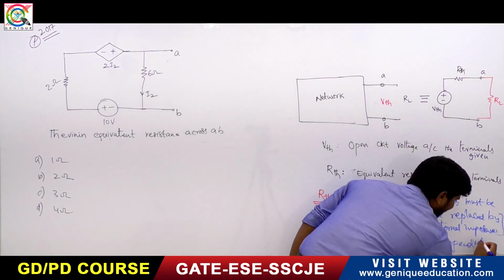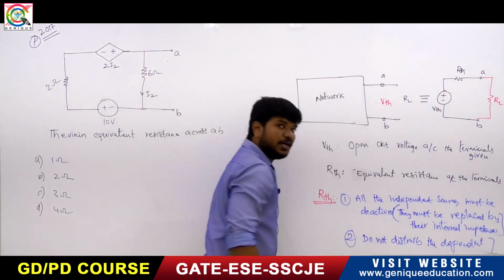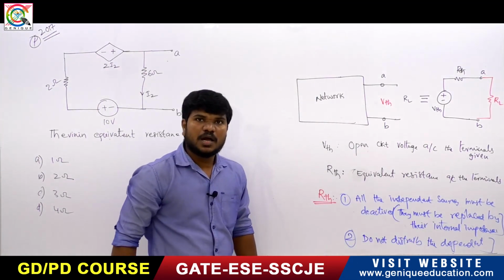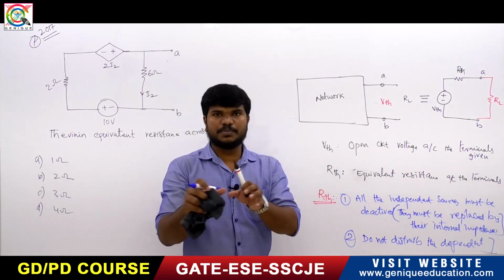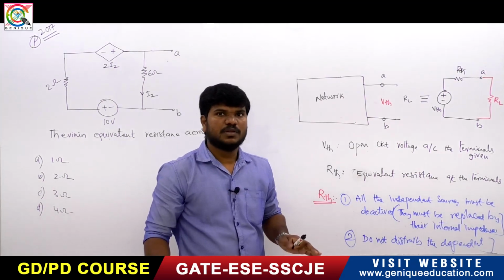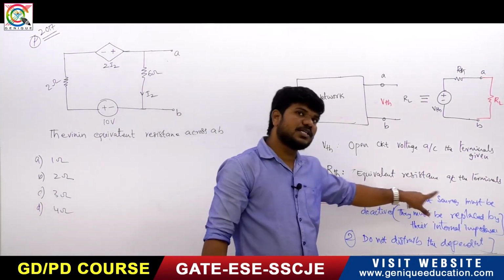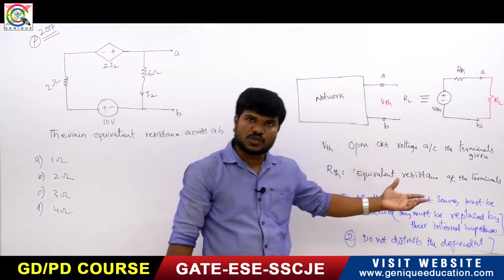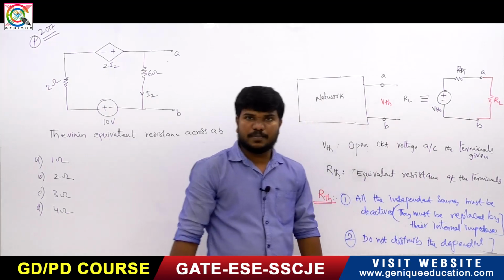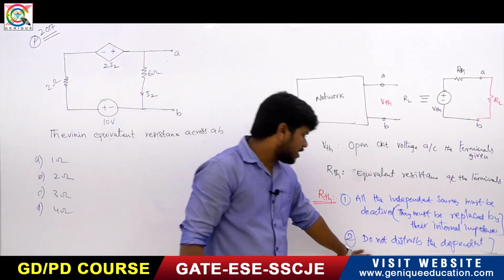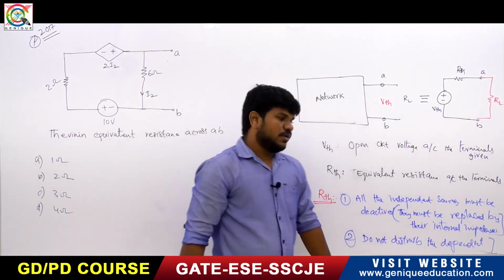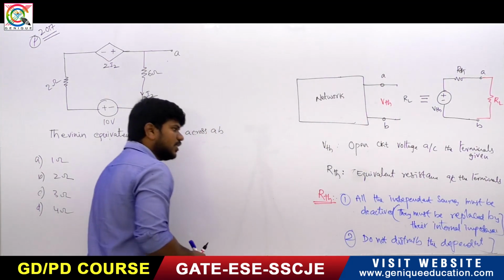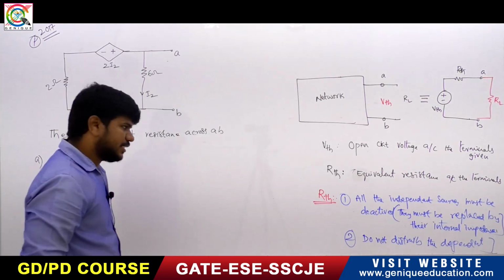This is a very, very important point. If there are any dependent sources there, don't touch them. You keep the dependent sources as they are. If there are independent sources, then you can replace them by their internal impedances, internal resistances, but don't disturb the dependent source.